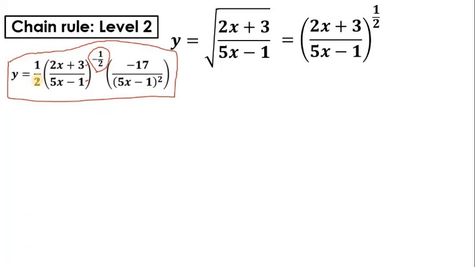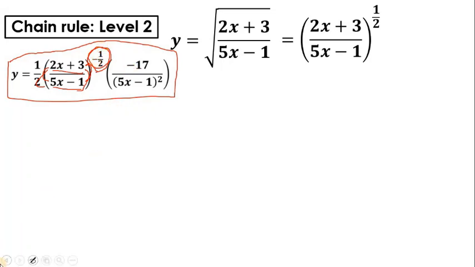Whatever is in the numerator, put that in the denominator. For 2x plus 3, since that is your numerator, you put that in the denominator. And 5x minus 1, since that is your denominator, you put that in the numerator, to make your power positive, since that is negative 1/2. That is our first goal.